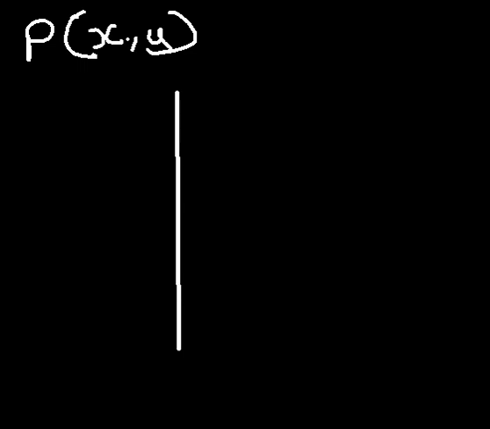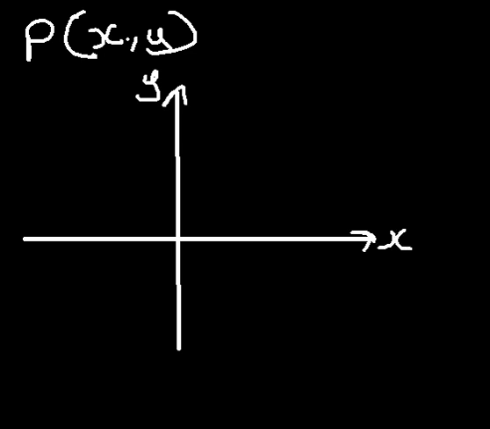Let's say we have this case. Now this is the y-axis, and this is the x-axis. Let's say this is x, and this is y, and this is the point of interest, which means this is the point P with coordinates x, y.